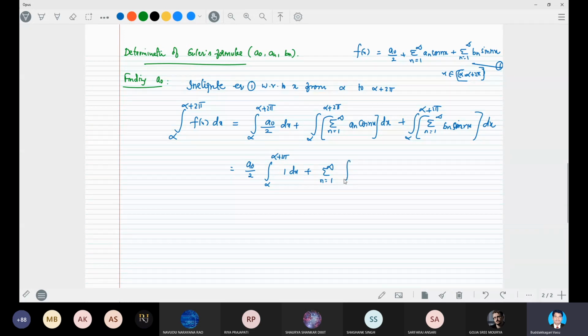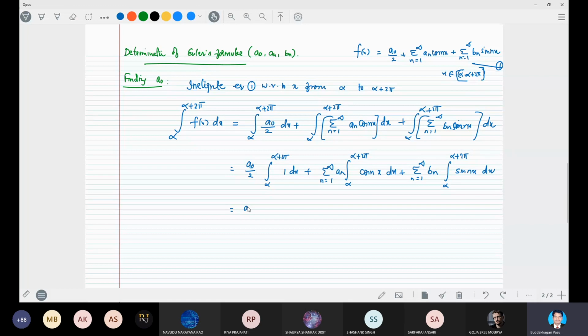So where it is the integral from alpha to alpha plus 2 pi. An is also a constant, you can take it out, cos nx dx, plus sigma n equals 1 to infinity bn integral from alpha to alpha plus 2 pi of sin nx dx.